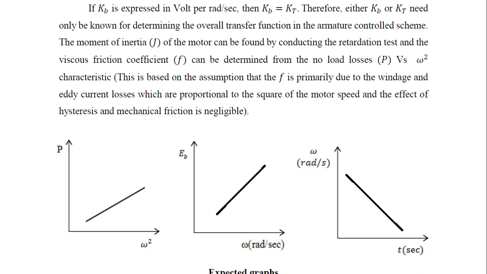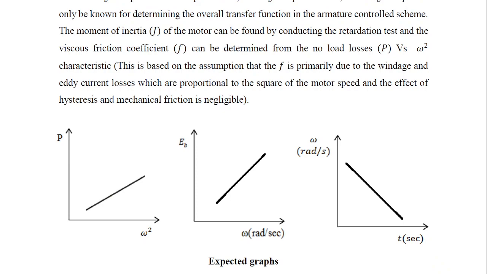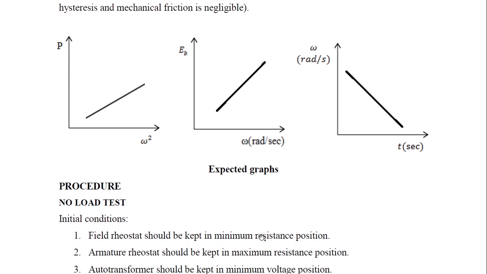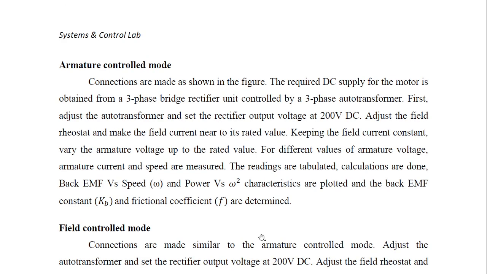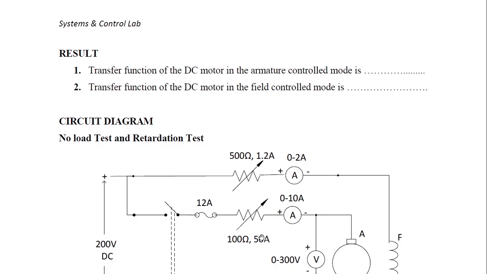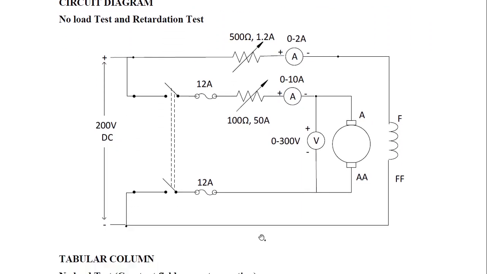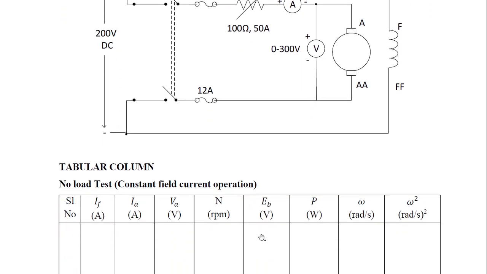Now, in order to find out all these different parameters, we are conducting the no load test for the DC shunt motor. No load test means that at any point of this experiment we are not at all loading the DC shunt motor.